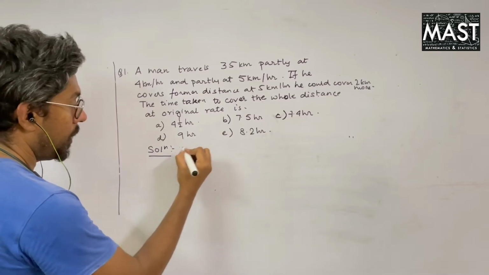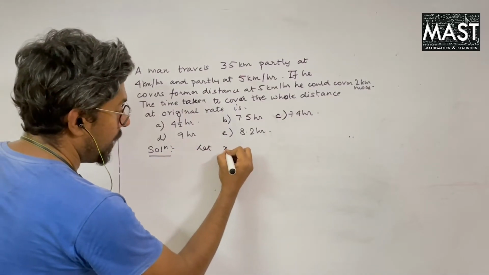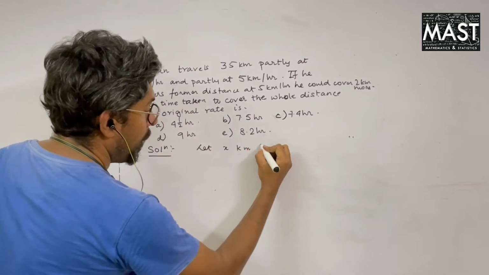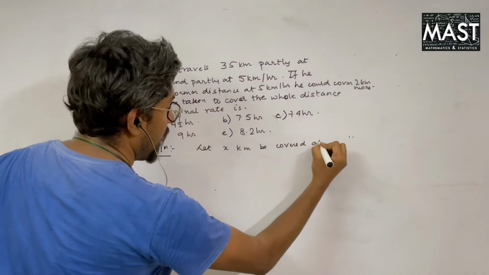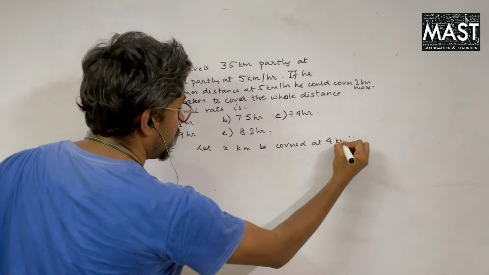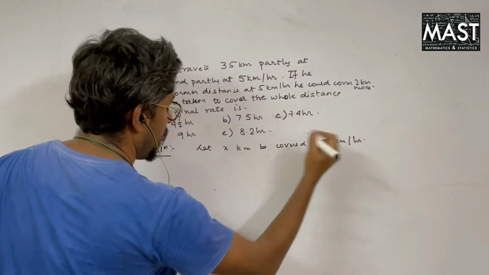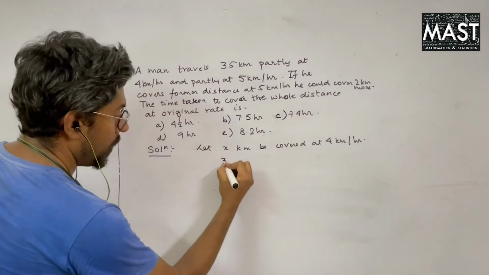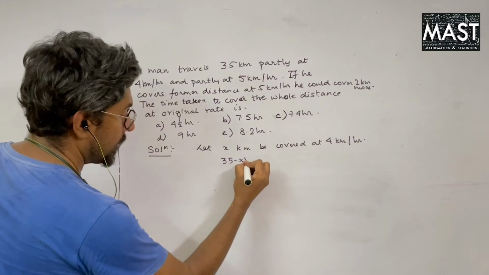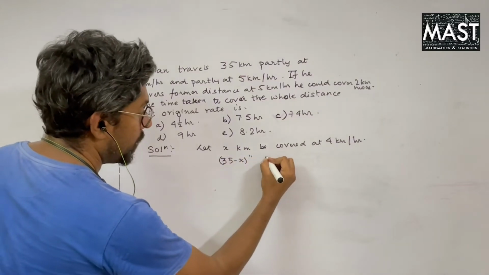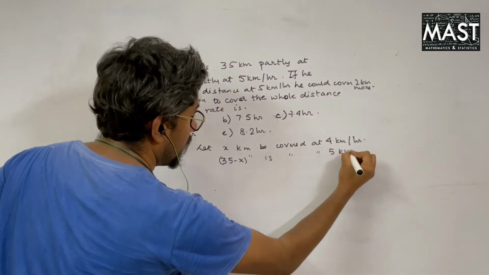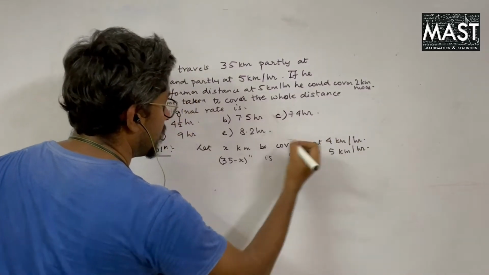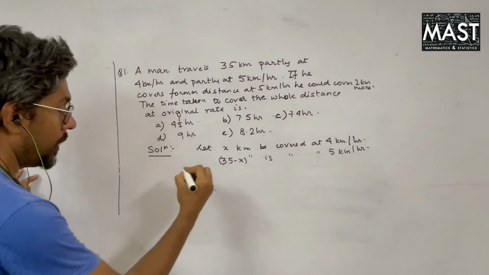Solution. Let x kilometer be covered at 4 km per hour. So 35 minus x kilometer is covered at 5 km per hour, since the total distance is 35 km.